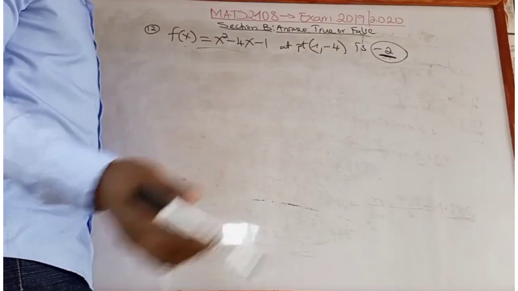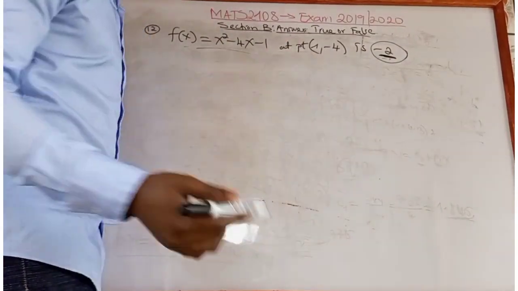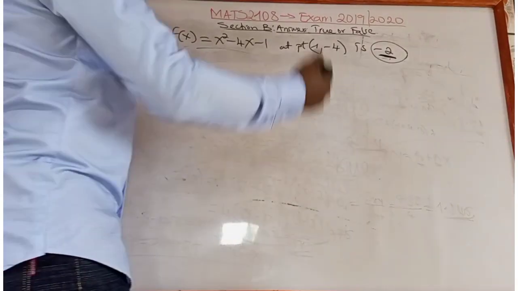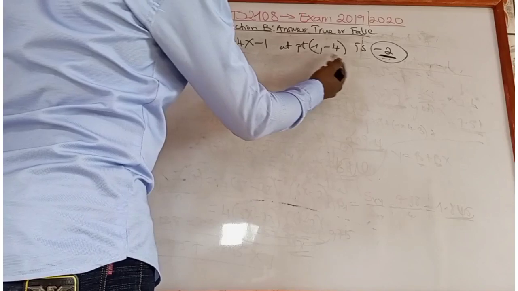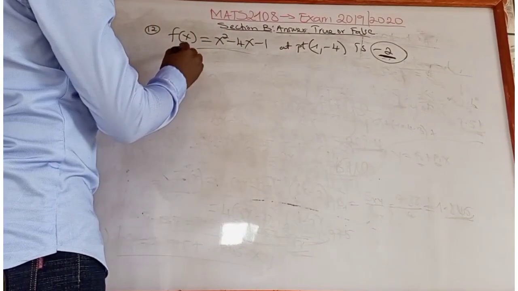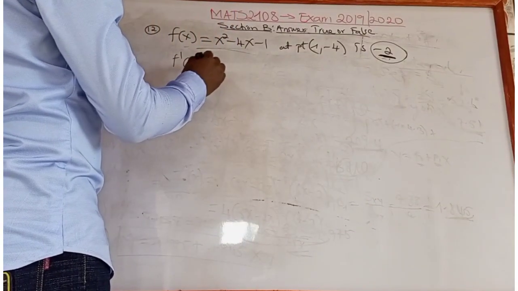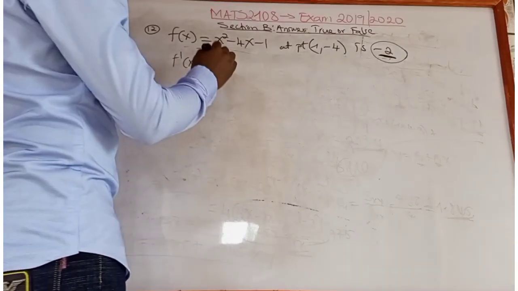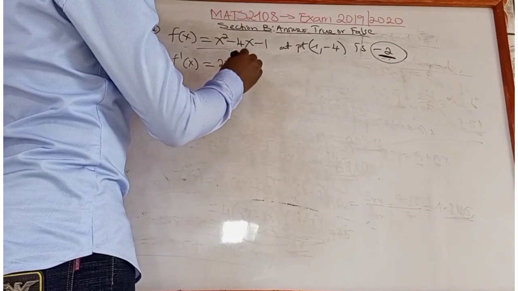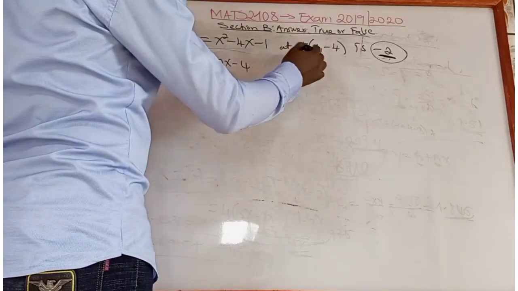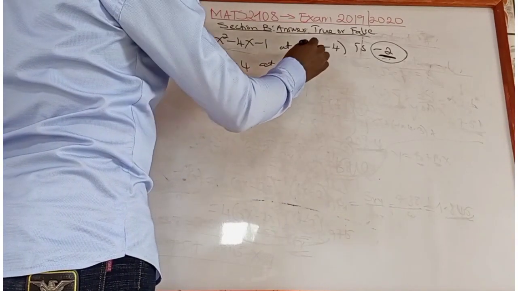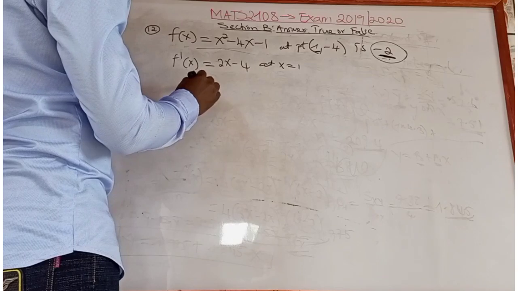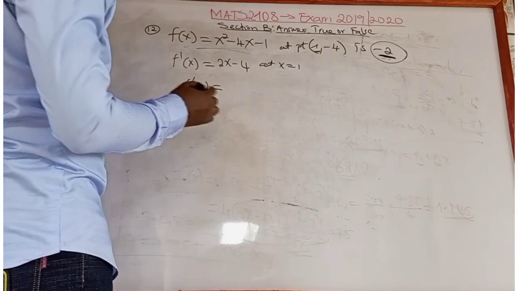However, if they had told us that it was the gradient of that tangent line, then we could verify. Let's verify if it's the gradient of the tangent line at this point. For the gradient of the tangent line at that point, we simply differentiate the function itself. This gives us 2x minus 4. At this point, x is 1. So at x equal to 1, the first derivative represents the gradient.